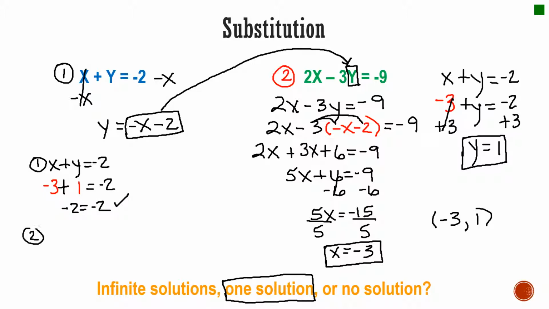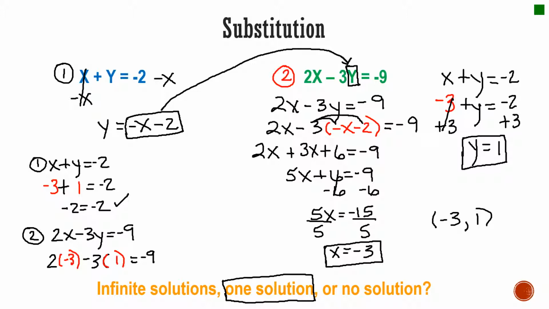Let's try equation 2. It's 2x minus 3y equals negative 9. So I have 2 times my x coordinate, which is negative 3, minus 3 times my y coordinate, which is 1, equals negative 9.